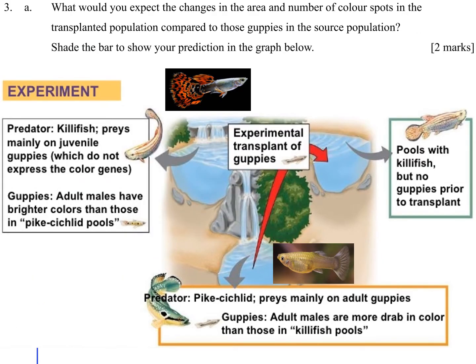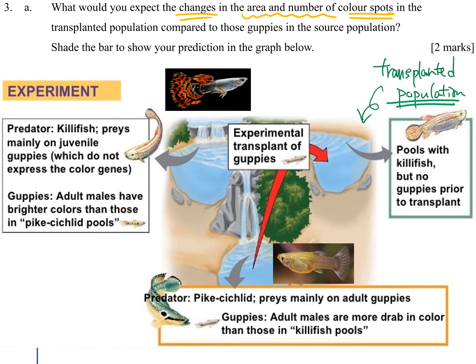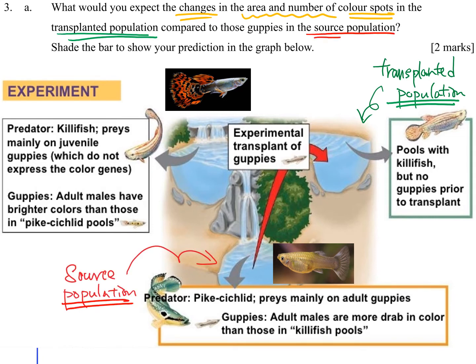3a. How would you expect the change in the area and number of color spots in the transplanted population compared to those guppies in the source population? To answer this question, we have to take a look at how the guppy's look is affected by the predator.